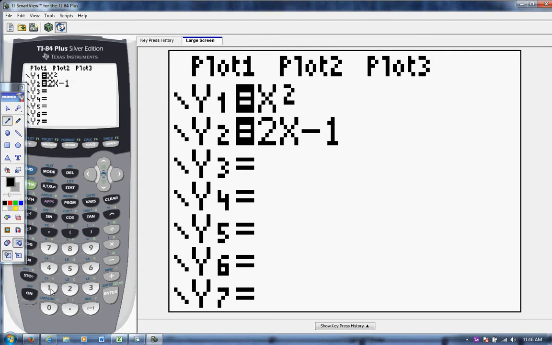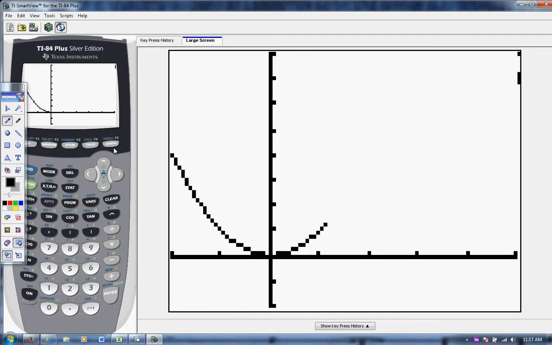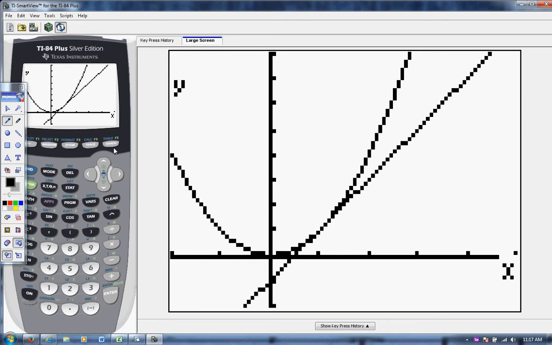Now, let's close the window down a little bit, maybe negative 2 to 5, and negative 2 to maybe 8. So there's my original function, and there's my tangent line. That worked out pretty good, right? Looks like a good tangent line.